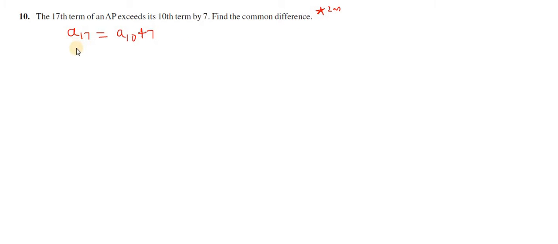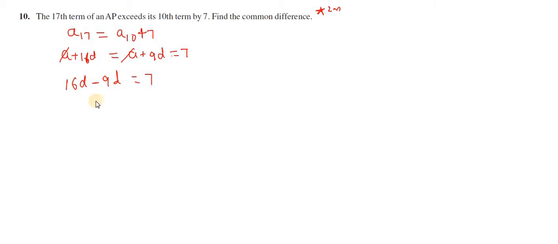So A17 is a plus 16d, which is equal to A10, a plus 9d, plus 7. Now simplify this. Here a and a get cancelled, so 16d minus 9d is equal to 7.